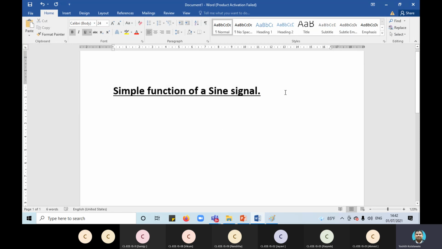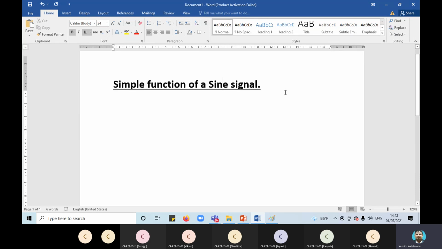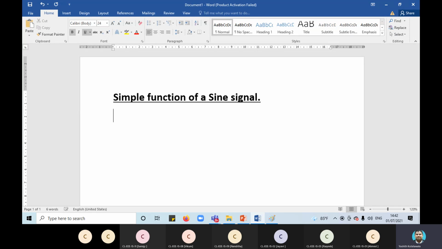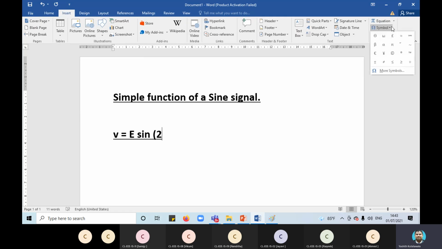So if we take it like this, first I would type V is equal to capital E, let me take it as omega.